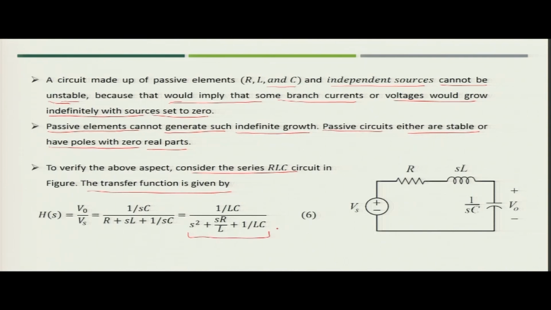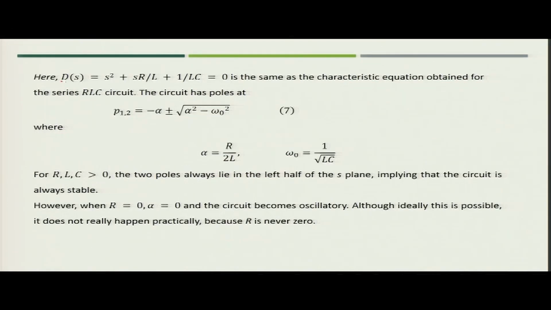We have already seen this expression when we were discussing the source free as well as the step response of the series RLC circuit. So the denominator expression would be s square plus s R by L plus 1 by LC equal to 0, which is the same as the characteristic equation we obtained for the series RLC circuit.